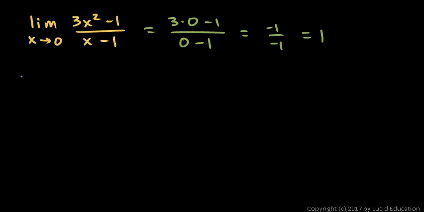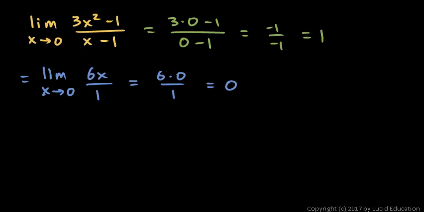If we did, if we said the limit as x approaches 0 of the derivative of the numerator, so that's going to be 6x over the derivative of the denominator, that's 1. Well, this we can evaluate at x equals 0. That's just 6 times 0 over 1, which is 0. Look at that. A different answer than we get from the ordinary substitution.